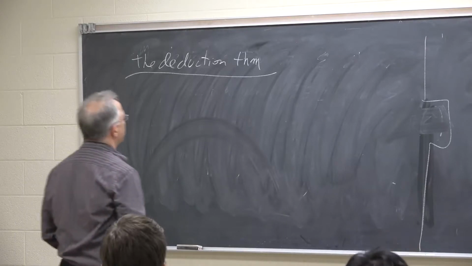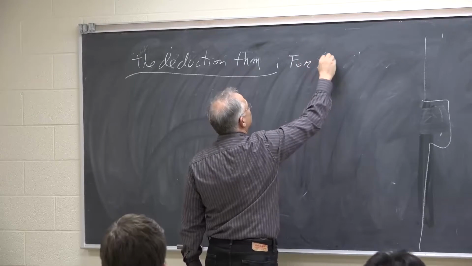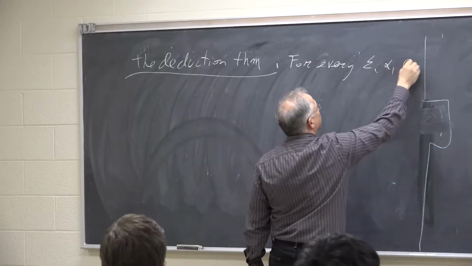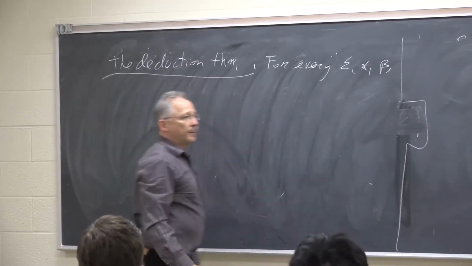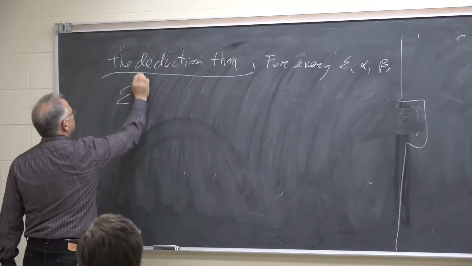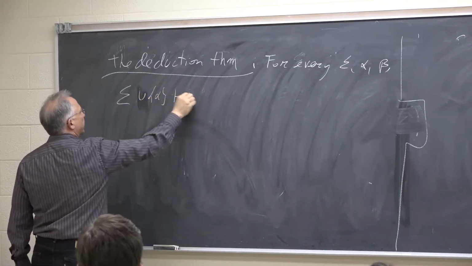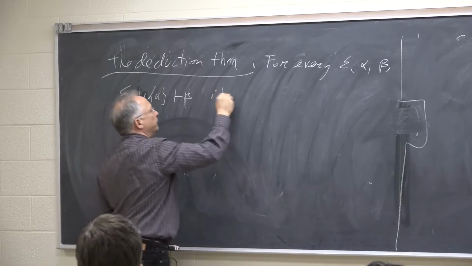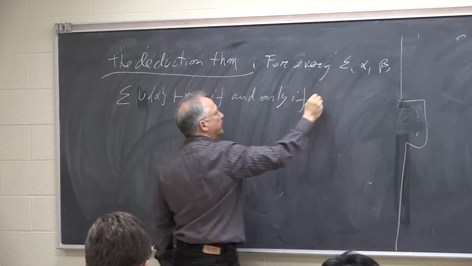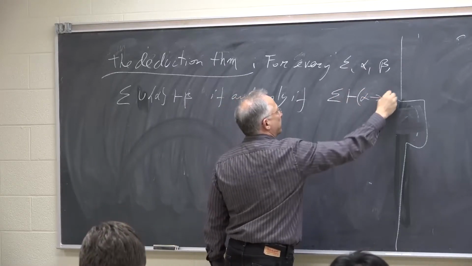Okay, so what's the deduction theorem? It says that for every sigma and alpha and beta, sigma union alpha can prove beta if and only if sigma can prove that alpha arrows beta.